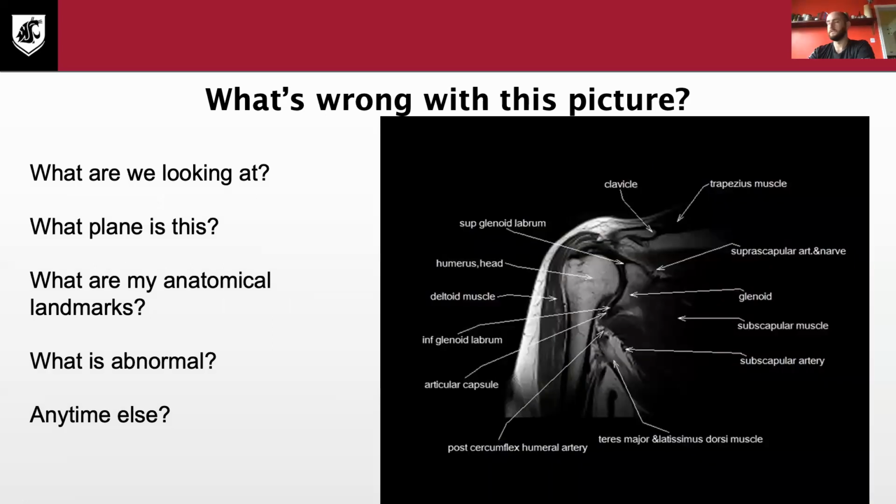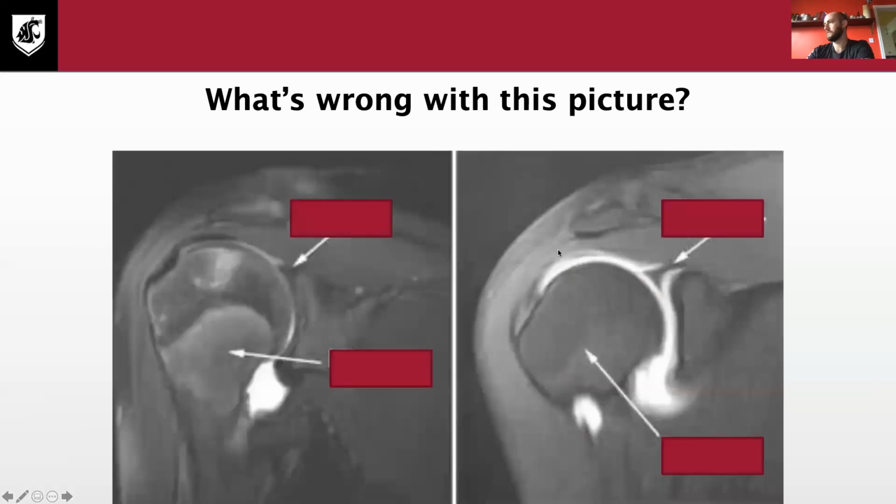This is just for orientation for the shoulder, because I know it's a little tricky, but try to remember that these are all the landmarks that we can readily identify for the next image. All right, so what's this right here? Same thing right here.